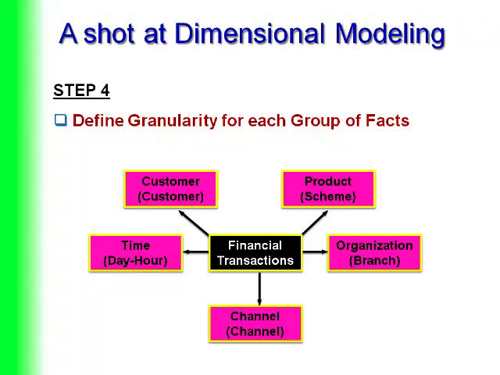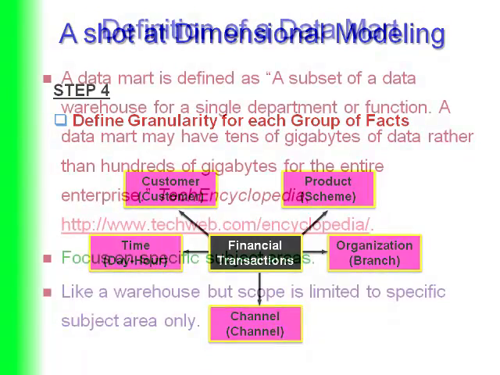So the granularity identified for this group of facts of financial transactions is shown in the dimension table.